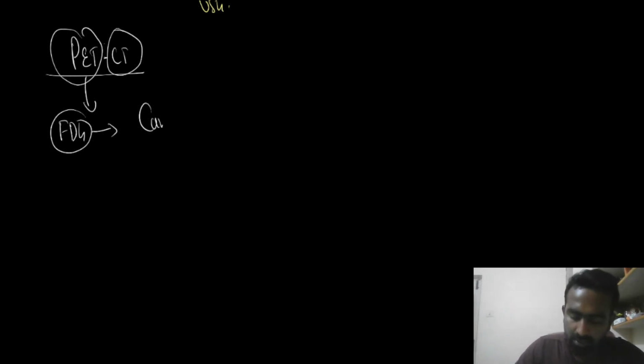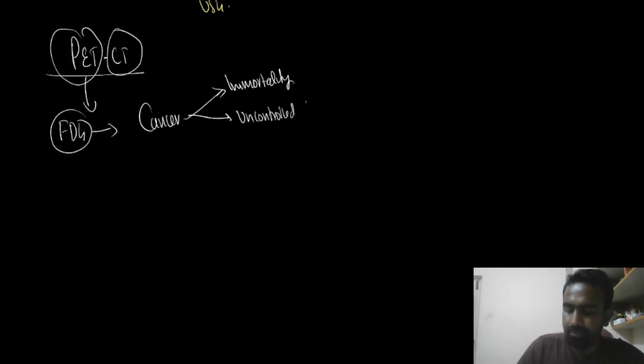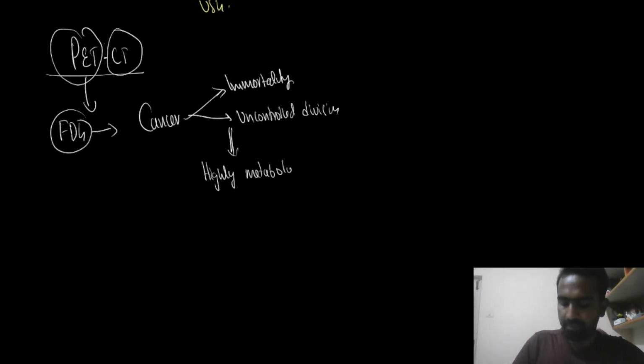In cancer, we know that cancer cells have immortality and uncontrolled division, which makes them highly metabolically active. High metabolism will be there, so they need more glucose.